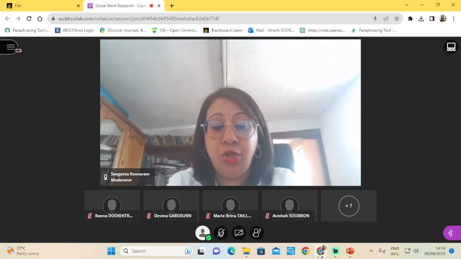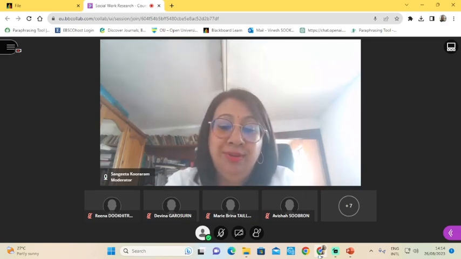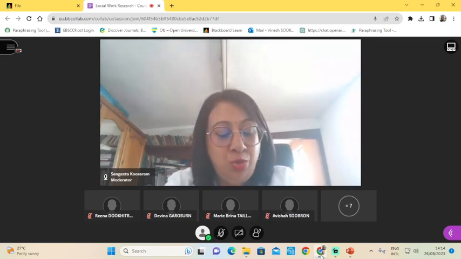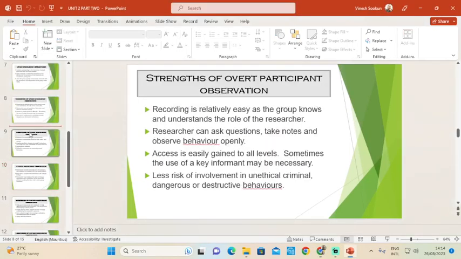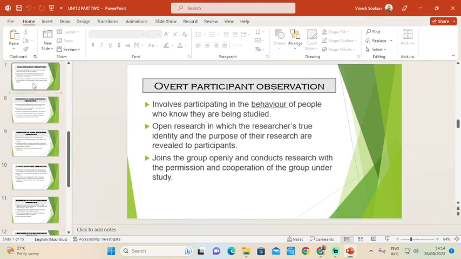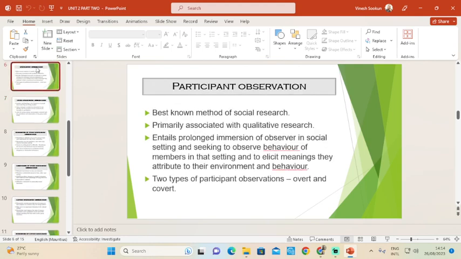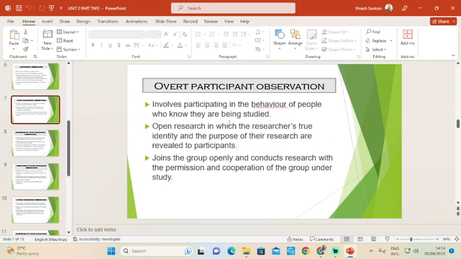If you don't have questions, I have a question for you. When we use overt participant observation, what type of data are you going to get? Which is rich in what? Reliability or validity?